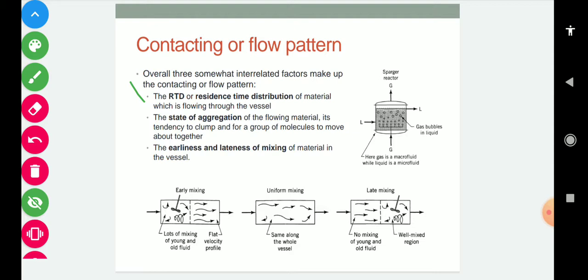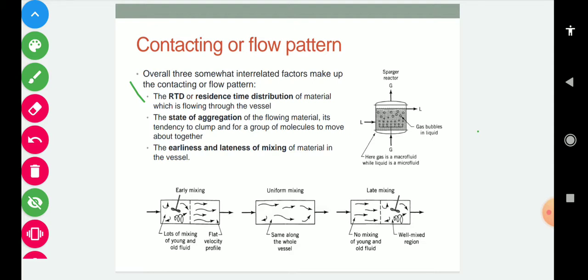In that we calculate the fraction of molecules that spend different amounts of time in the reactor, and then we plot a graph of RTD versus time. This residence time distribution affects the overall conversion in the reactor.